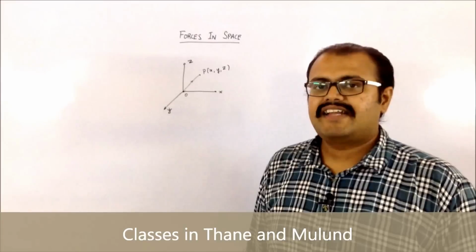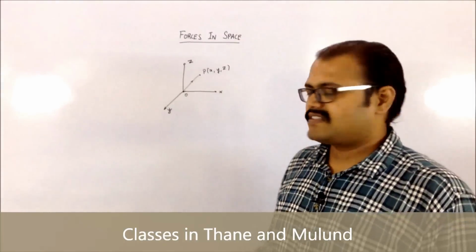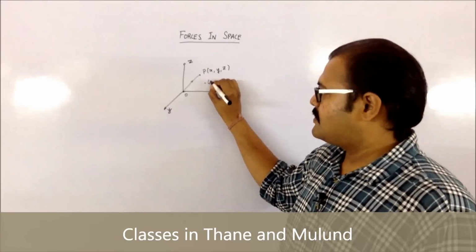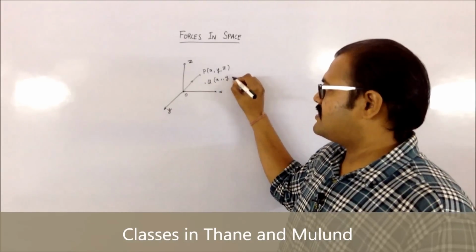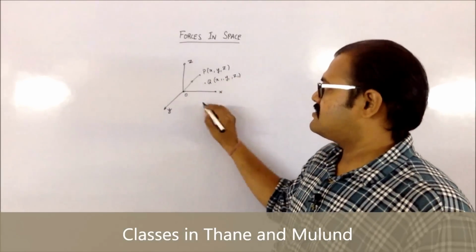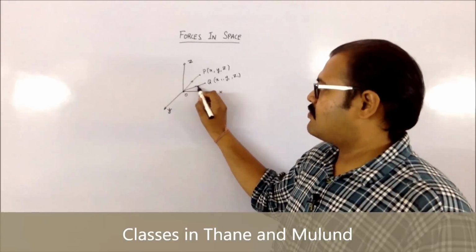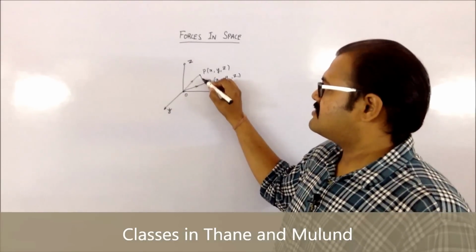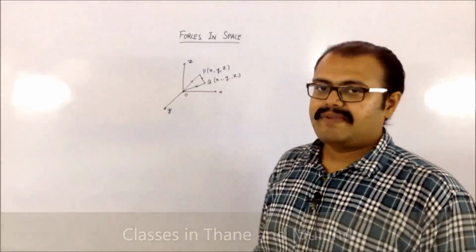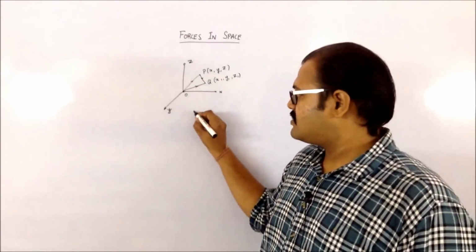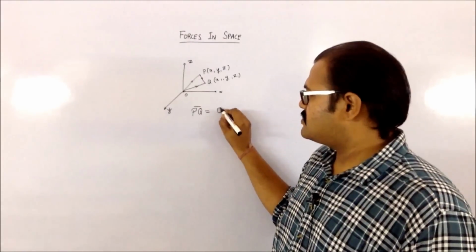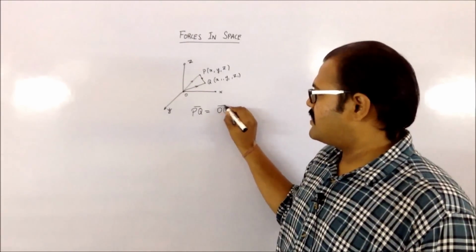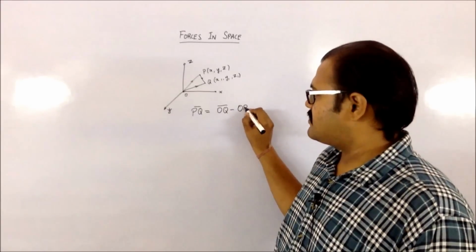Now let me consider another point which is present in this space, which is having the coordinate x1, y1 and z1, and I want to find what is going to be the vector given by PQ bar. Now my PQ bar will be nothing but equal to OQ bar minus OP bar.